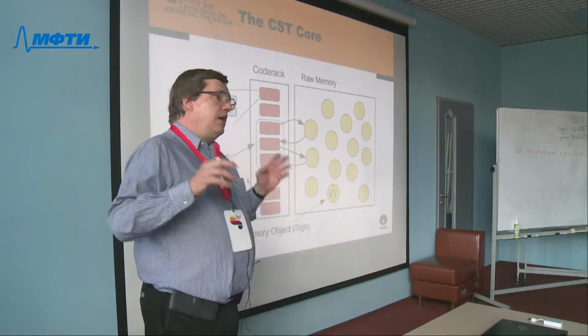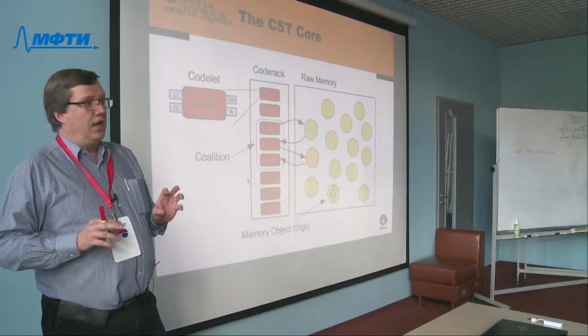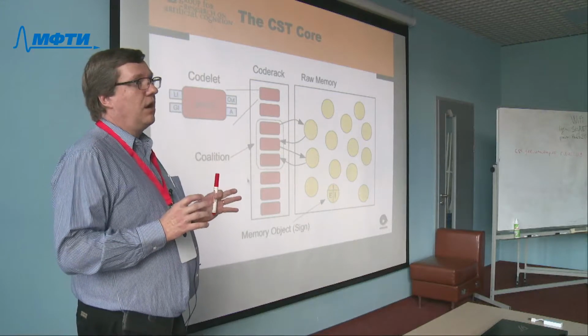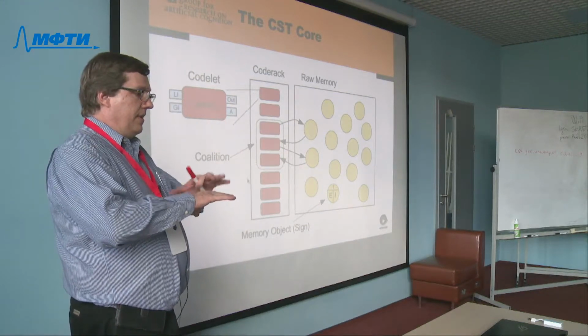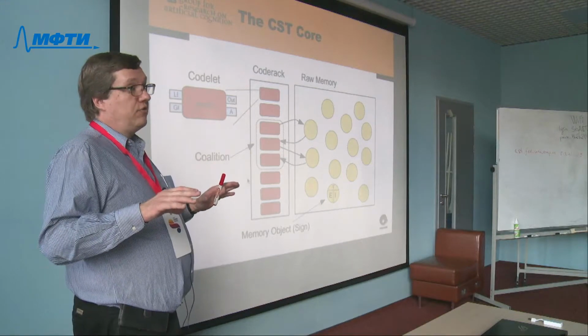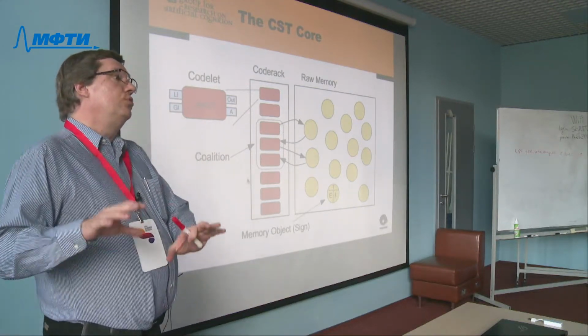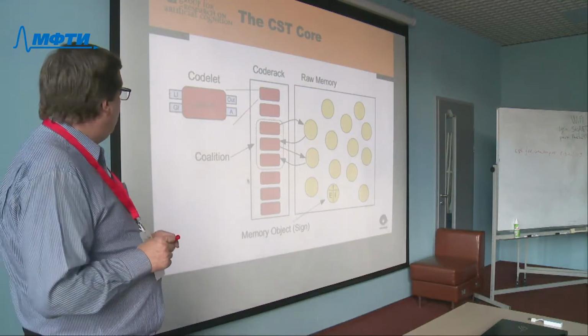In order to do that, using CST, we have some core ideas that are the most important ideas for you to understand. If you can understand that, most probably you'll be able to start programming the environment.